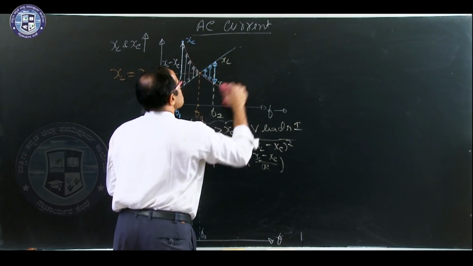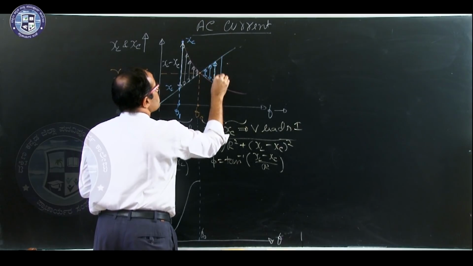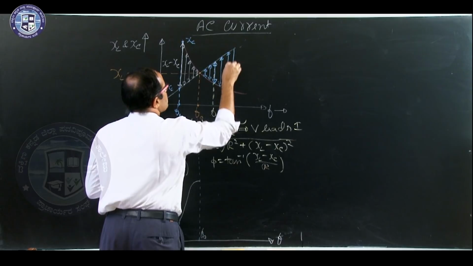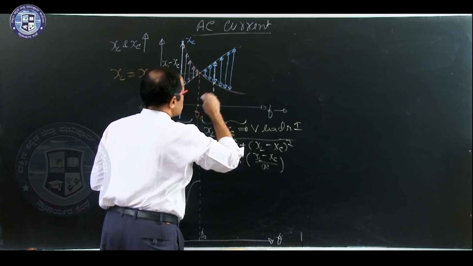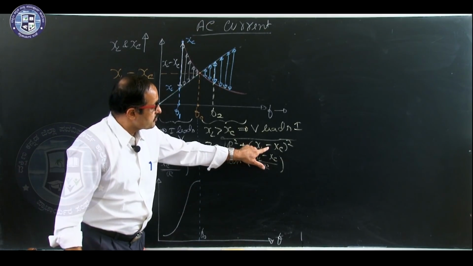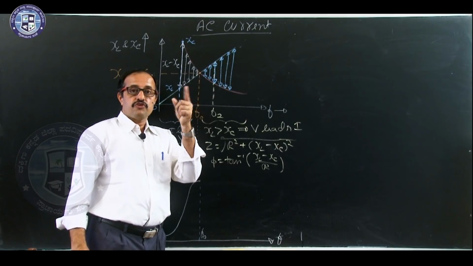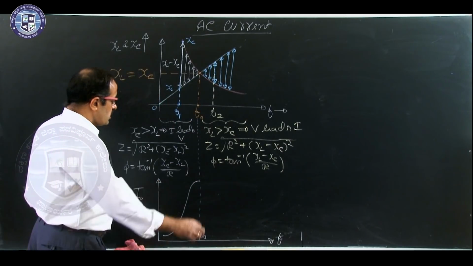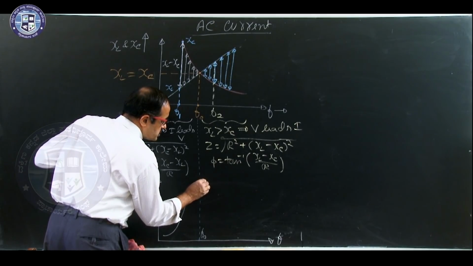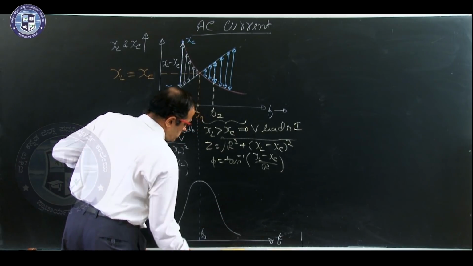This difference becomes more and more. Look here. As the difference increases, reactance part increases. As reactance part increases, Z increases. As Z increases, current in the circuit decreases. Therefore, with the frequency, current decreases, like this.